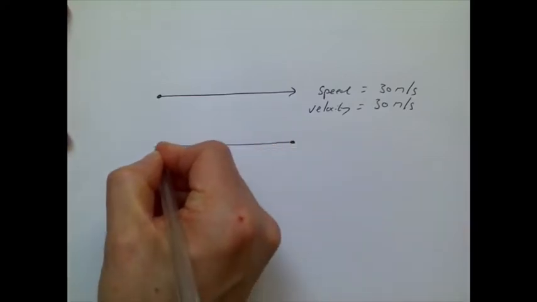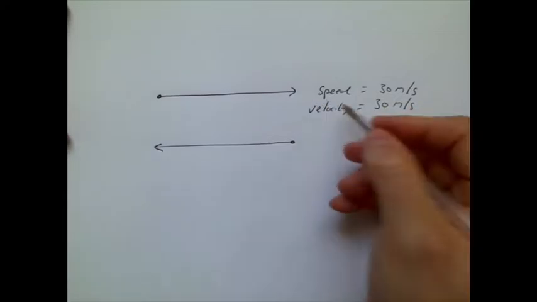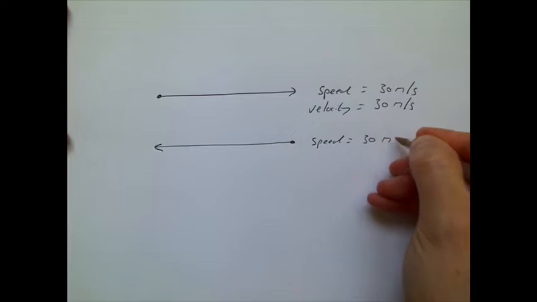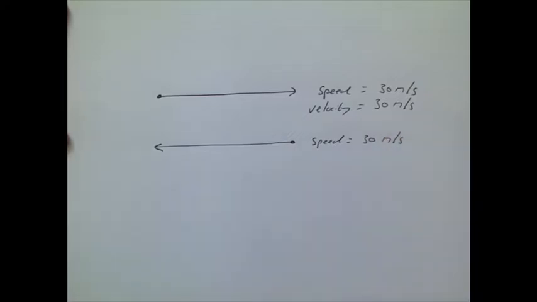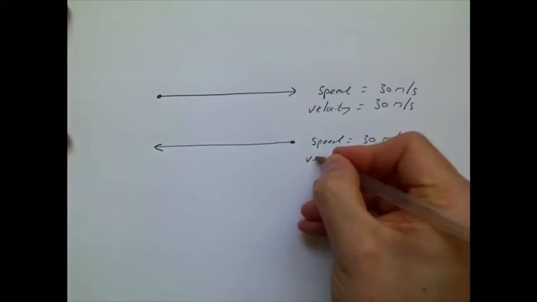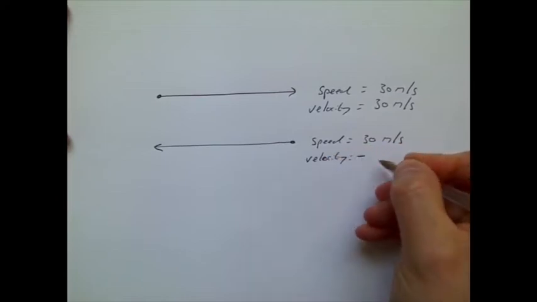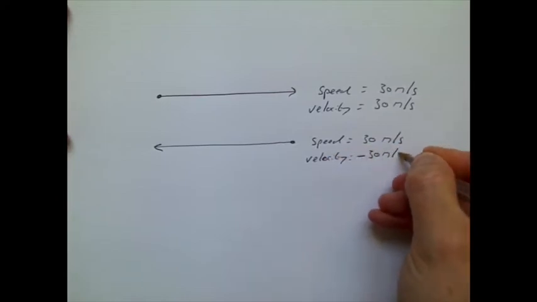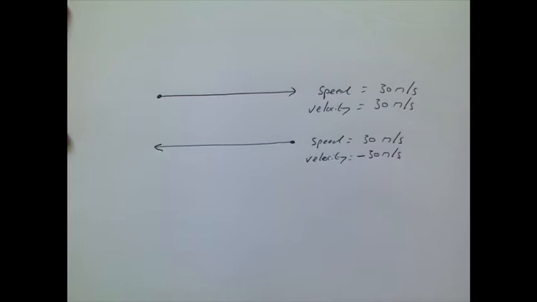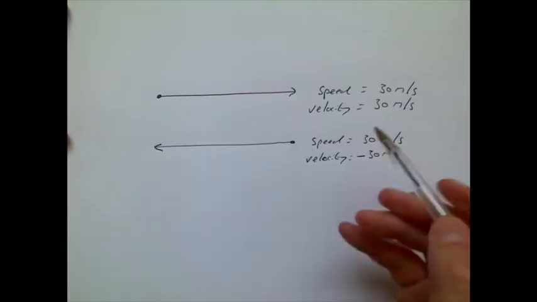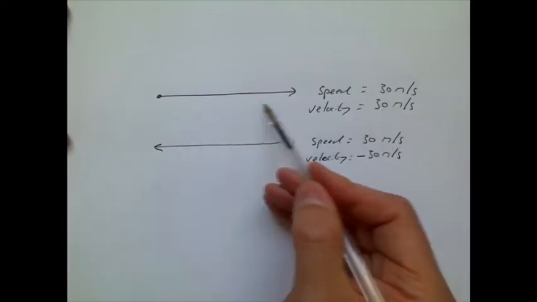So if it goes back the opposite way at the same speed, it's traveling at 30 meters per second. But velocity is a vector quantity, which means we can associate a direction with it. So that means we could say the velocity is minus 30 meters per second because it's moving in the opposite direction. We say it's a minus going this way, whereas it's a positive going in this direction.